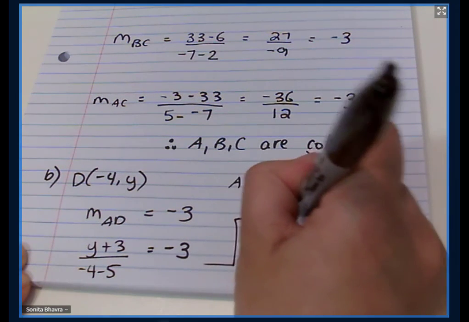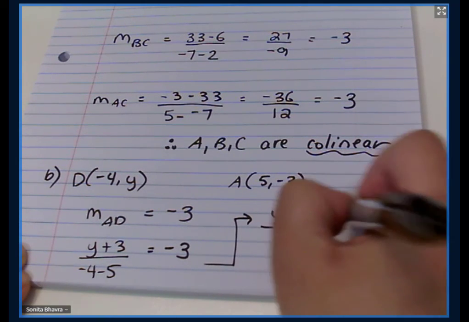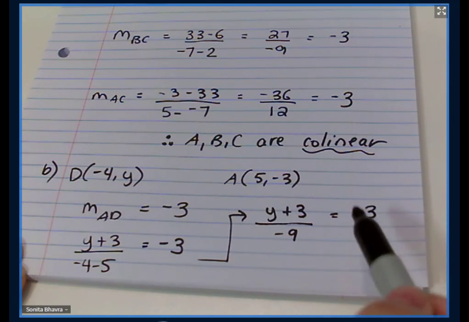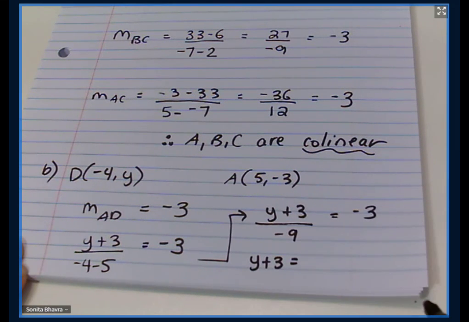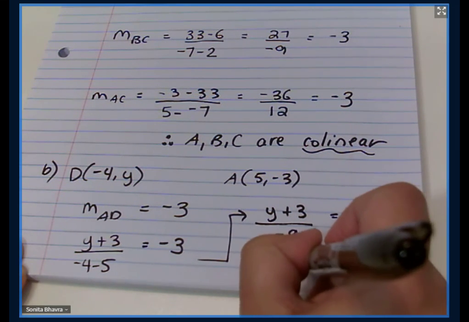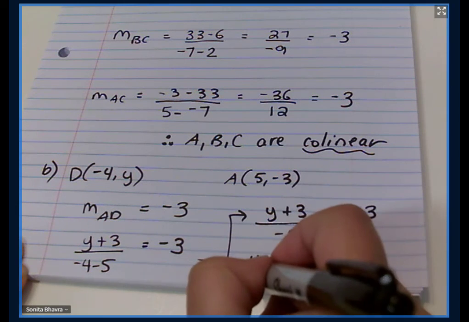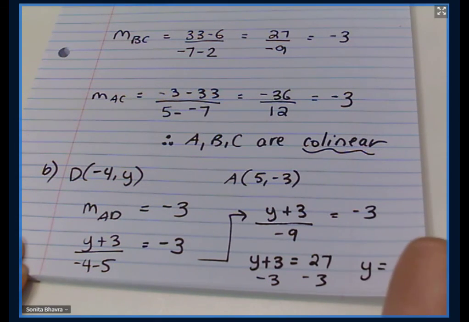So we get y plus 3 over negative 4 minus 5, which is negative 9, is equal to negative 3. And we have to solve for y. So I'm going to multiply both sides by negative 9. That gives me y plus 3 is equal to 27. Then I subtract 3 on both sides, and that gives me y is equal to 24.